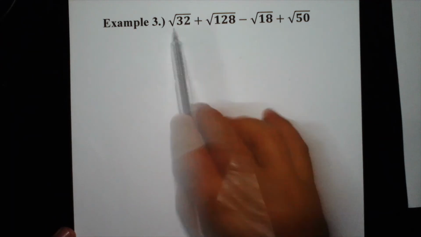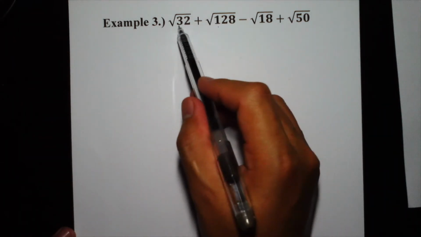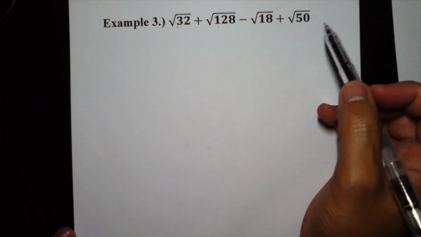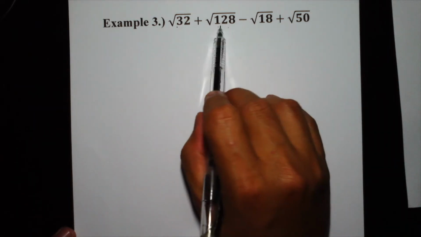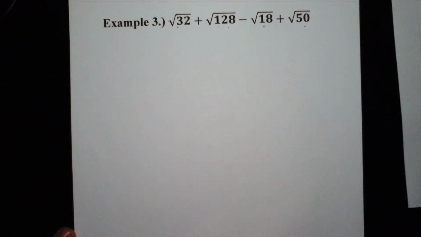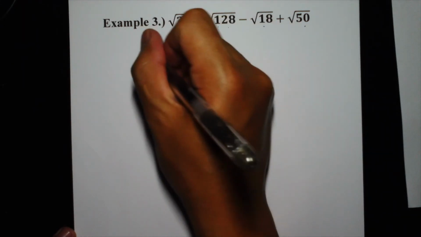But we cannot add them because they are not similar in radicand. So we need to first make them similar in radicand by factoring them. Okay, so we have square root of 32, which can be factorized into what?